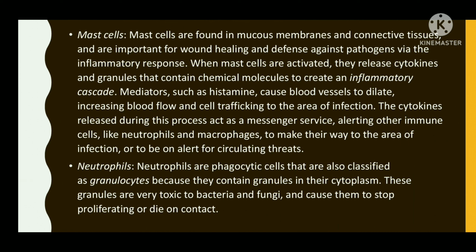Neutrophils. Neutrophils are phagocytic cells that are also classified as granulocytes because they contain granules in their cytoplasm. These granules are very toxic to the bacteria and fungi and cause them to stop proliferating or die on contact. Eosinophils.